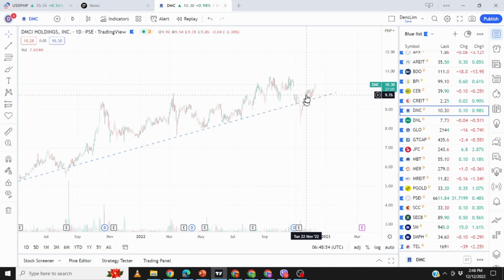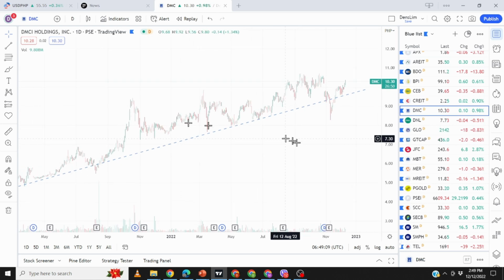It broke that trend line, but again it settled back right in that support level. So is DMCI a buy or a sell, no? It's proven to hold its support here, so maybe it's a good time to enter.